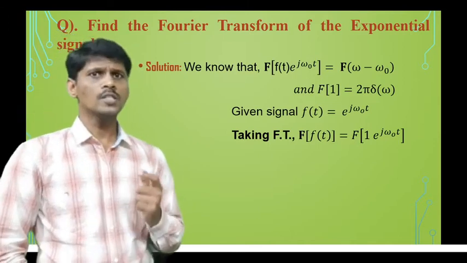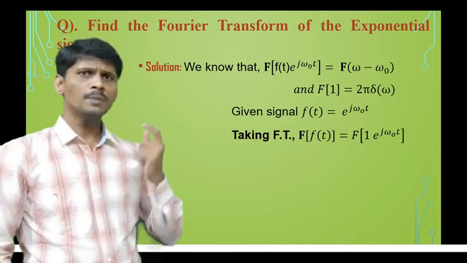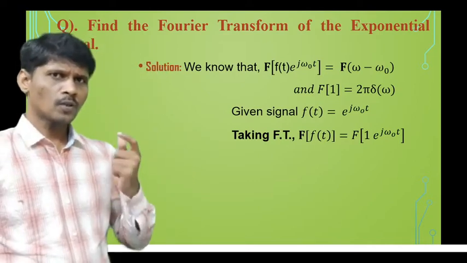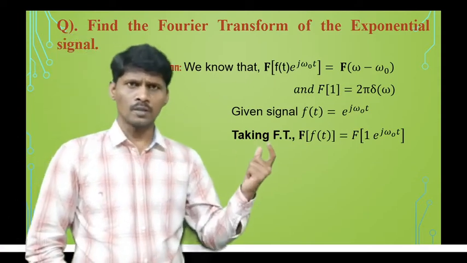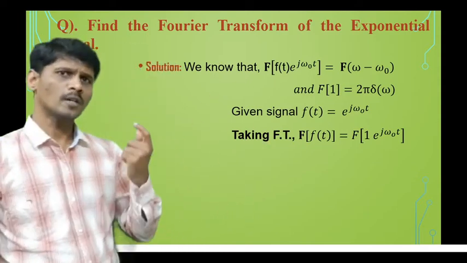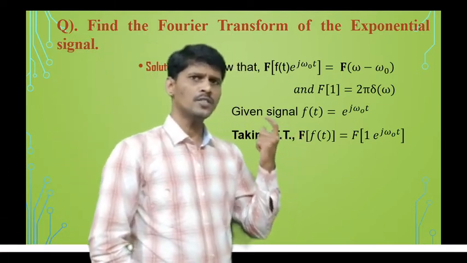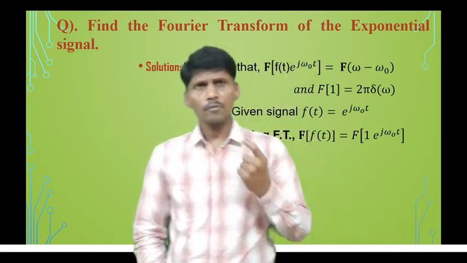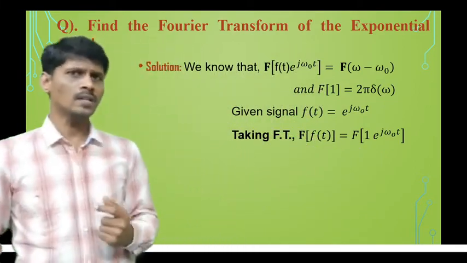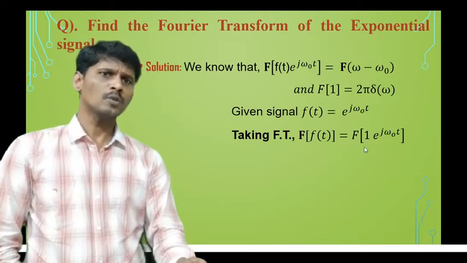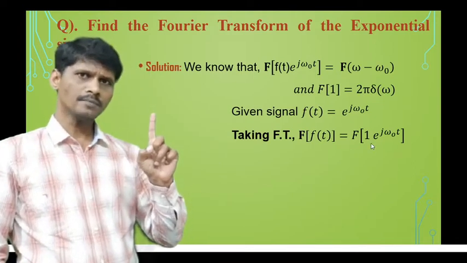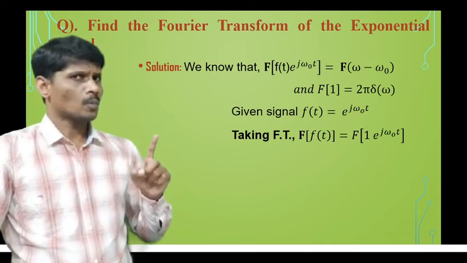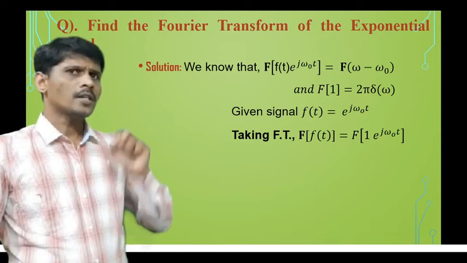The Fourier transform of f of t e power j omega naught t is F of omega minus omega naught, where the Fourier transform of f of t is F of omega and the translation amount is omega naught. So now here, in place of f of t, what value is there? 1. Now applying the frequency shifting property of the constant function.